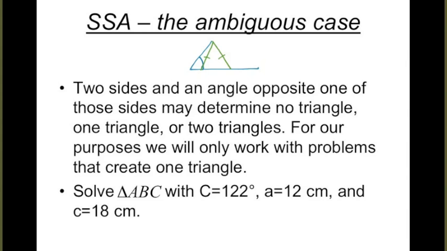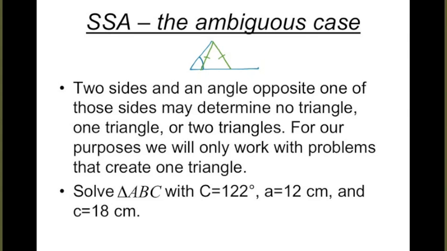In a later math class, you'll explore the possibilities of how this can occur, with maybe two different triangles, or actually it's even possible that you wouldn't have any triangles, that it isn't enough to even close up and make a triangle at all, or maybe it makes one perfect triangle, or maybe you end up with two triangles. But for our purposes, we are only going to work with problems that are set up to just get one possible answer. Okay, just want to introduce that this is kind of a strange thing that can happen in these types of problems.